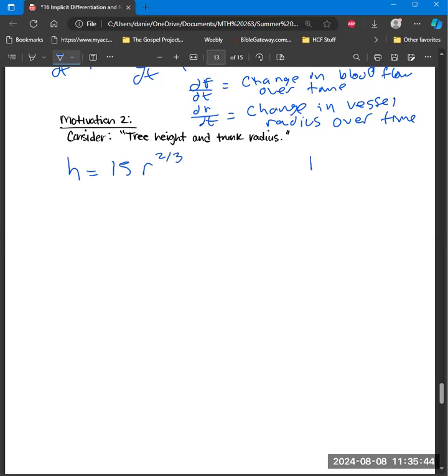So we need an equation that relates two things, 2 or more things.